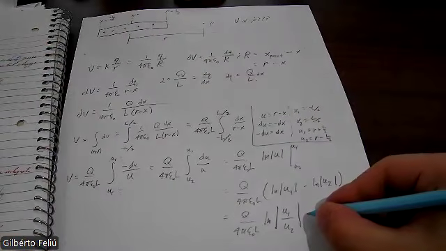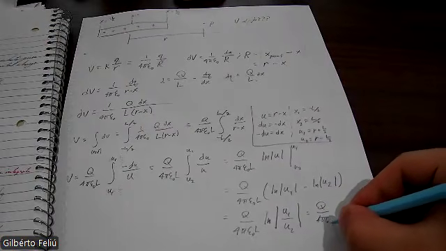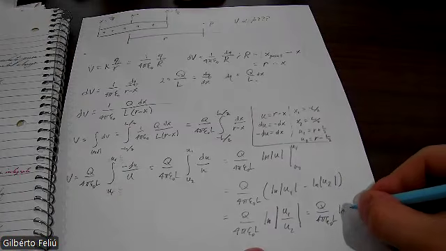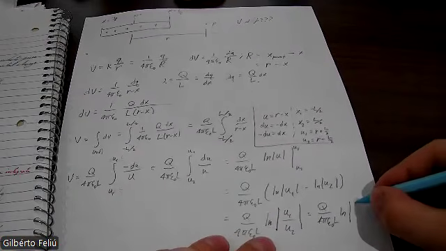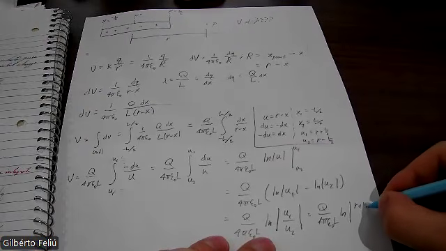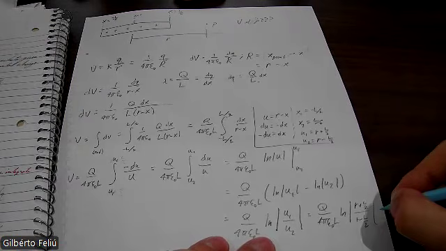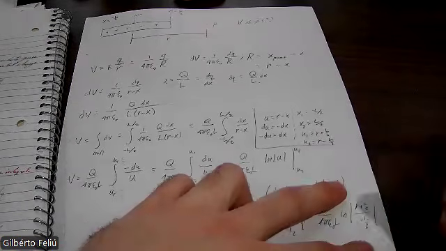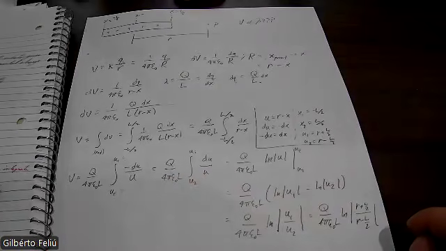We just plug back in. The natural log of the absolute value of u1, which is r plus L over 2, over r minus L over 2. And if I didn't mess anything up, I should get the same exact thing I had from my notes yesterday.